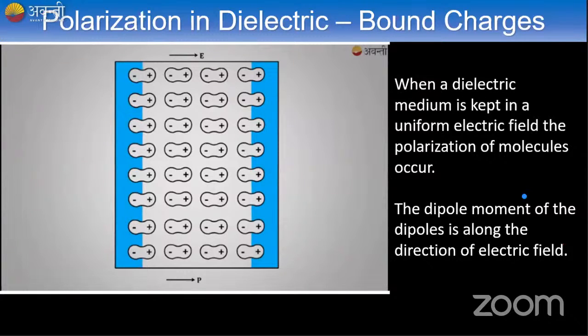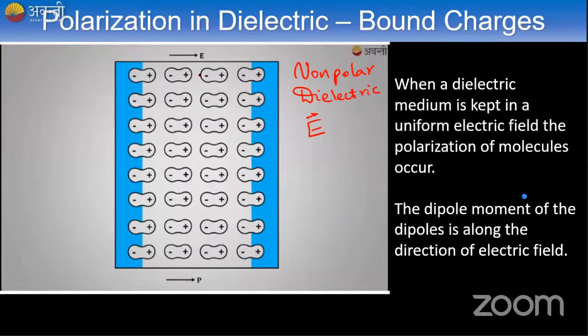Okay, cool. So we'll come to bound charges. Consider this is a non-polar dielectric kept inside a uniform electric field E. What happens when it's kept in the uniform electric field?